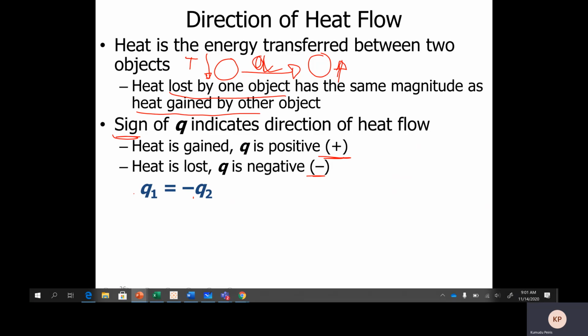As an example, if I talk about two objects, one is losing the energy, so its temperature is decreasing. One is gaining the energy, so its temperature is going up. I would say this is object one, and its temperature goes down, and then it comes to an equilibrium point. After that point, we will not see any temperature change. It is constant.